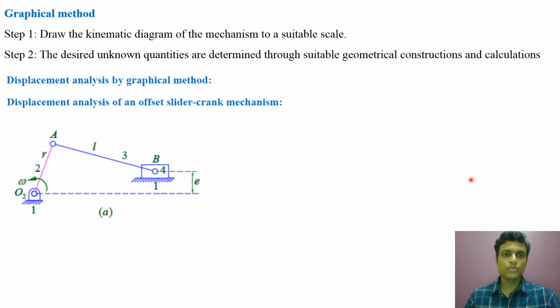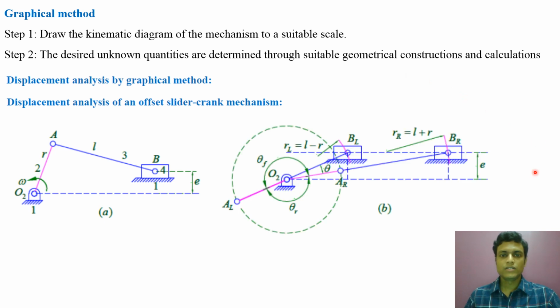Next step is to construct suitable geometrical features. So let us draw this. I am explaining to you. If this point is A, when the crank rotates, the point A generates a circle.